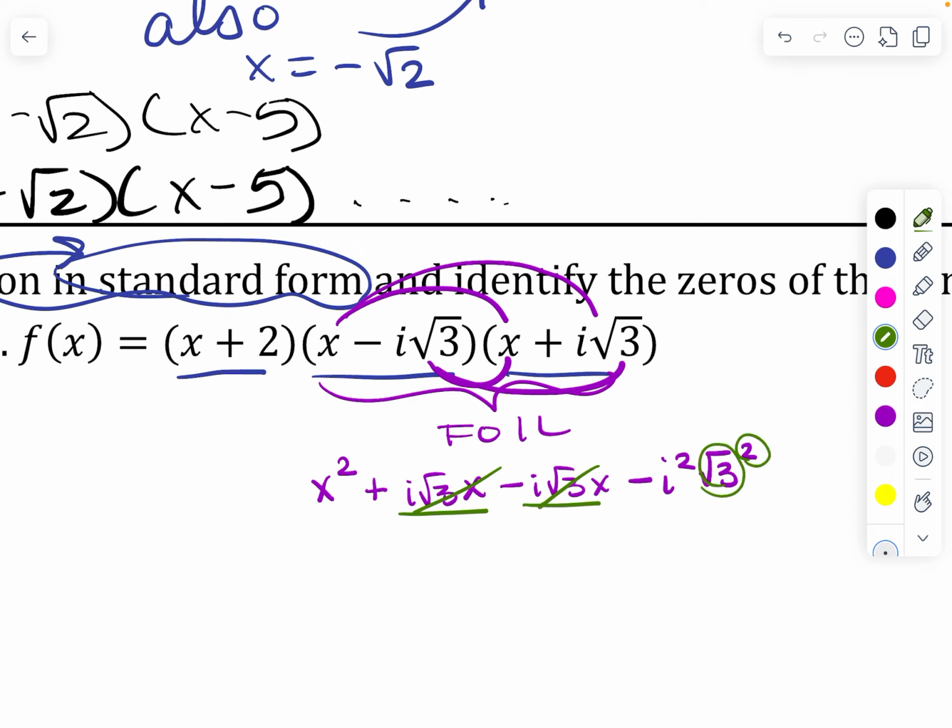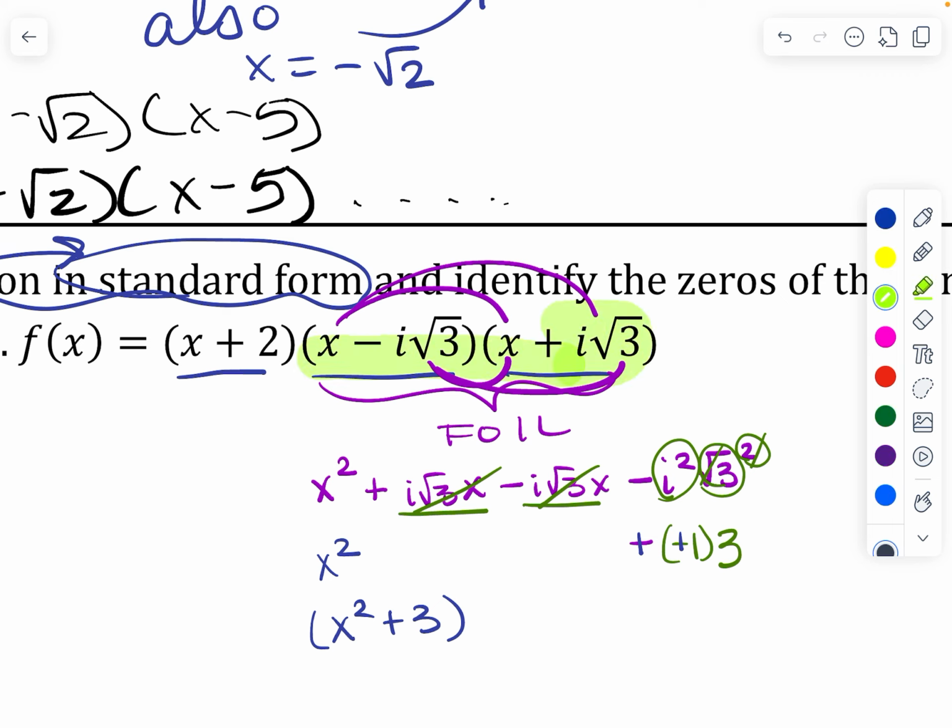Root 3 squared, those cancel. This just becomes a 3. i squared is really a negative 1. So what we're really dealing with here is a minus times negative 1 times 3. And then we have our x squared here. So we know negative times a negative is a positive. 1 times 3 is 3. So this becomes x squared plus 3. So this essentially is all of this.